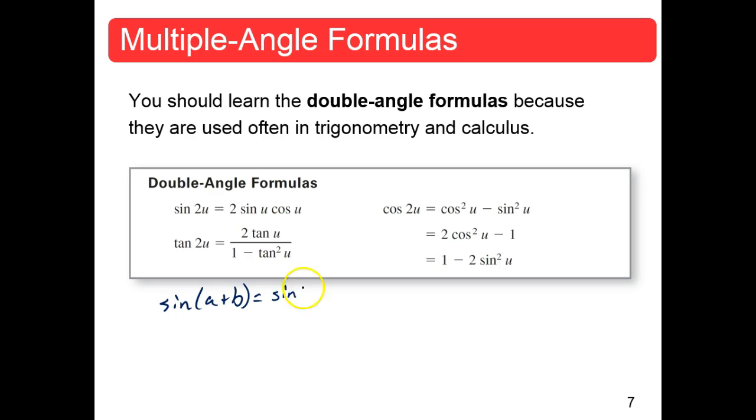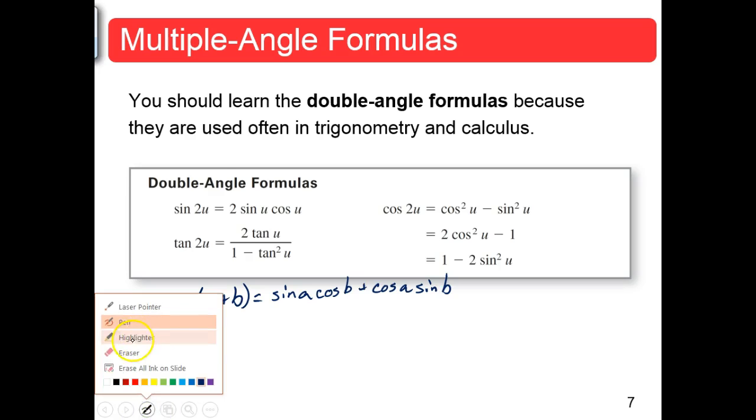Sine of a cosine of b plus cosine of a sine of b. You got it. I started to do it and then I changed my mind.